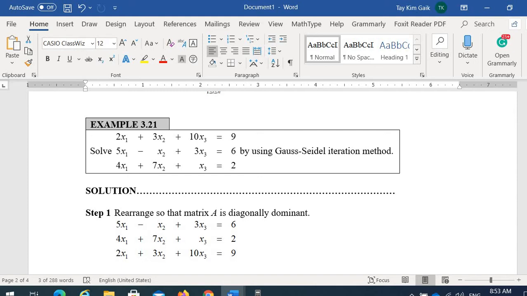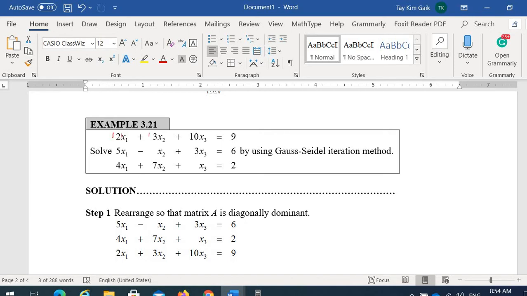Using the Gauss-Seidel method, first step, arrange the system of linear equations so that the matrix A is diagonally dominant to achieve the convergence criteria. So we notice the modulus of A11, this magnitude, this value is 2. 2 is not greater than the summation of this value and this value.